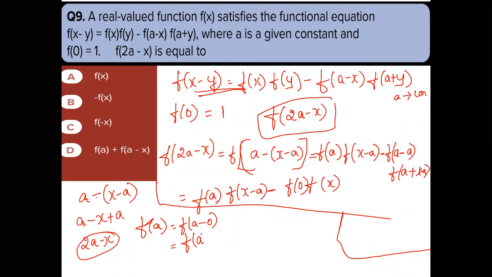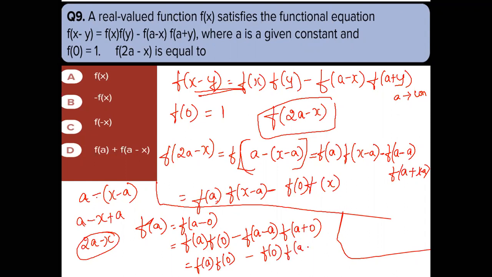So it becomes f of a into f of 0 minus f of a minus a into f of a plus 0, that is f of a into f of 0 minus f of 0 into f of a. So it cancels. So the value of f of a is 0.